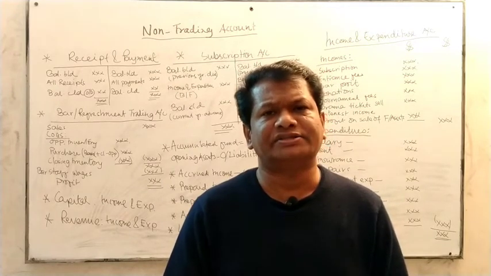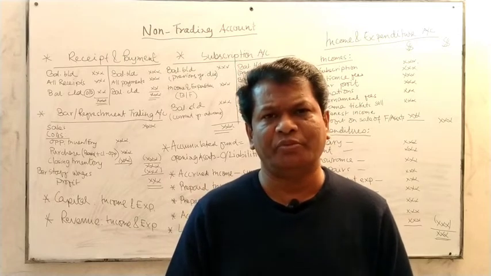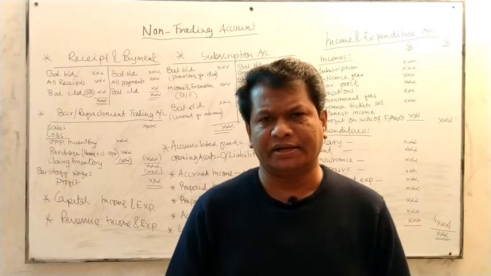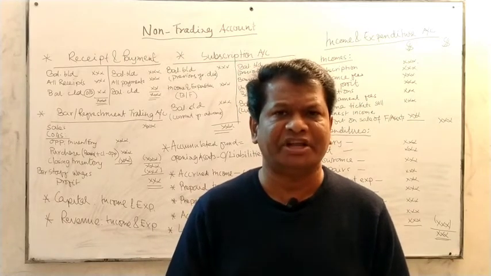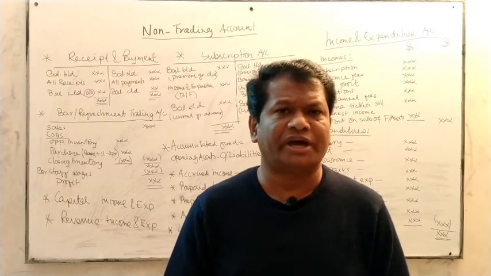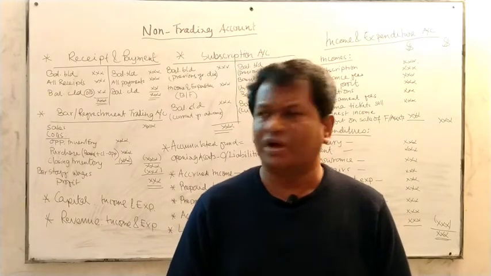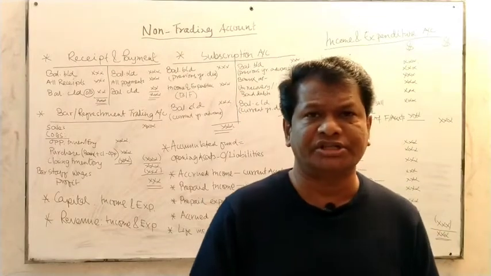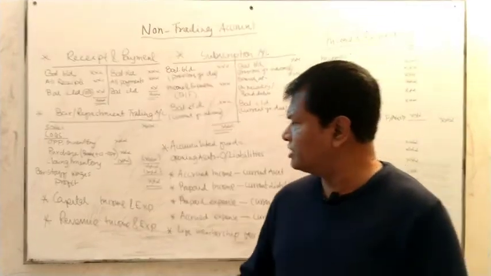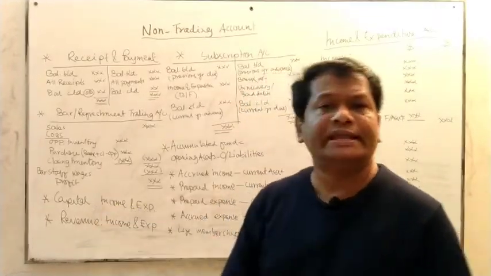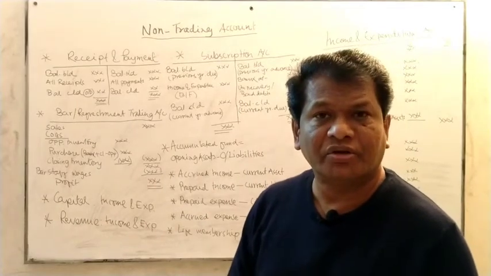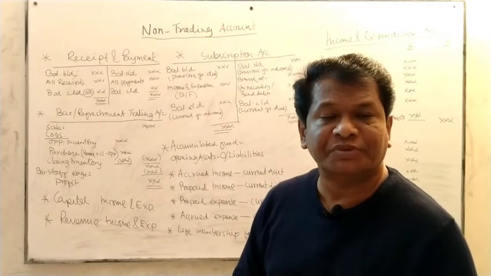Now there are some other elements you have to be clear about whenever you are preparing the income and expenditure account. Maybe some items like this, as you can see on the board here: capital income and capital expenditure. What is capital income? What is capital expenditure?